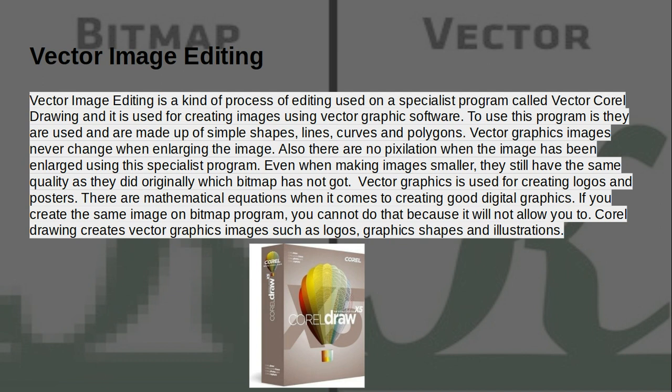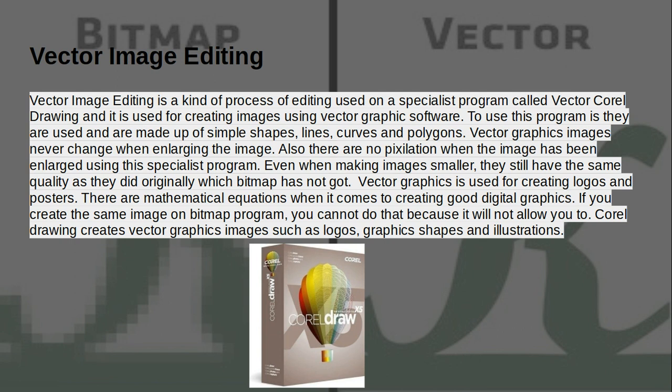So vector image editing is a kind of process used in a specialist program like CorelDRAW, and it is used for creating images using vector graphics software. Images are made of simple shapes, lines, curves, and polygons.